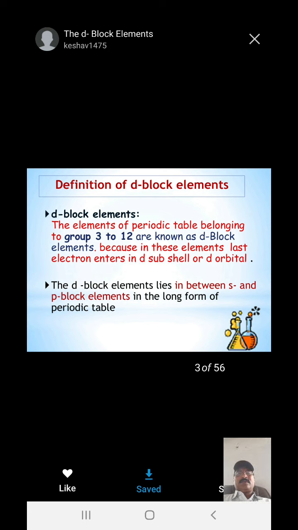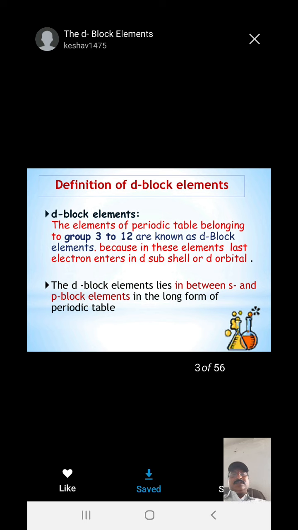See here, definition of d block elements. The elements of the periodic table belonging to group 3 to 12 are known as d block elements, because in these elements the last electron, that means the differentiating electron, enters in d subshell or d orbital.